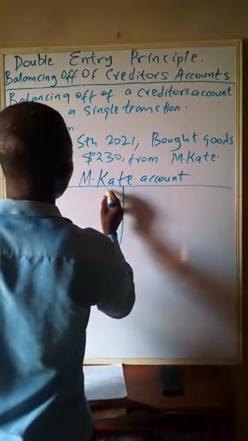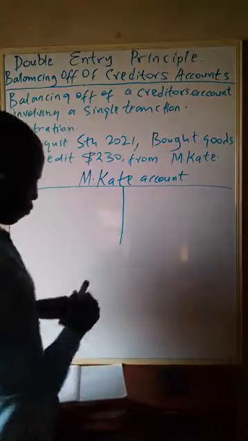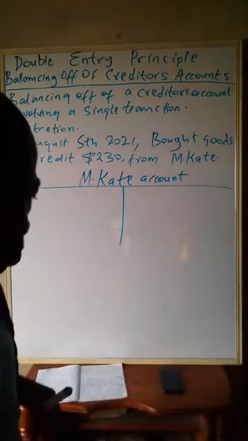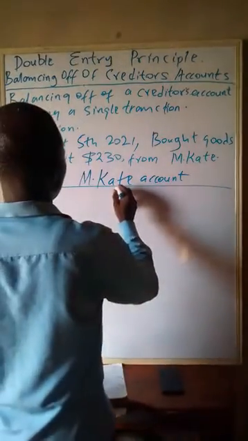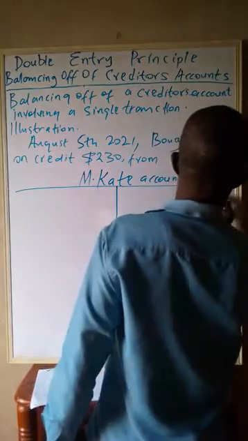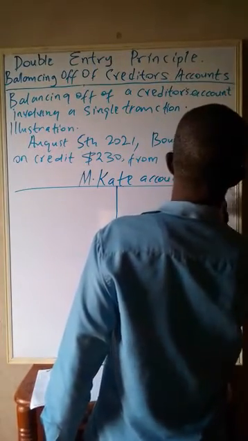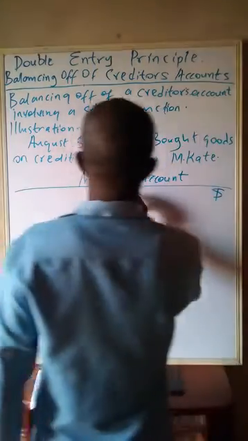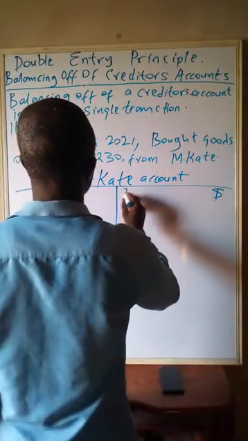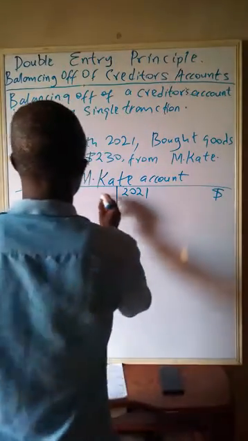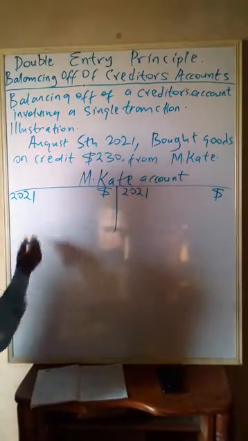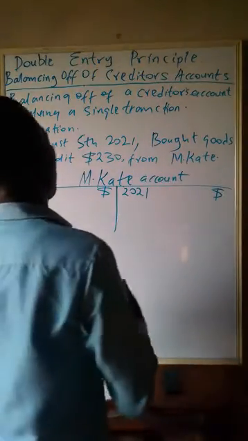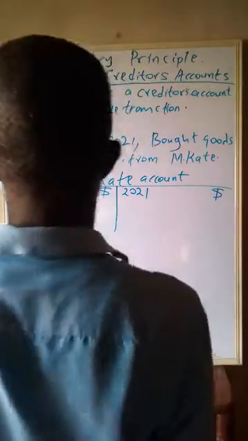I have my dollar sign here, then year 2021. We are balancing the creditor's account.